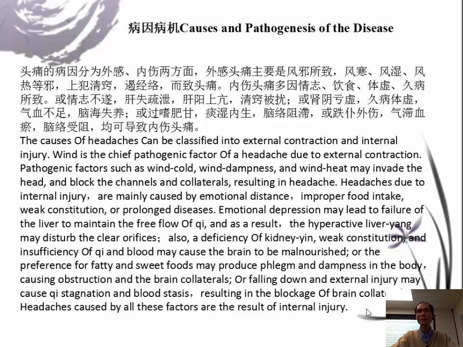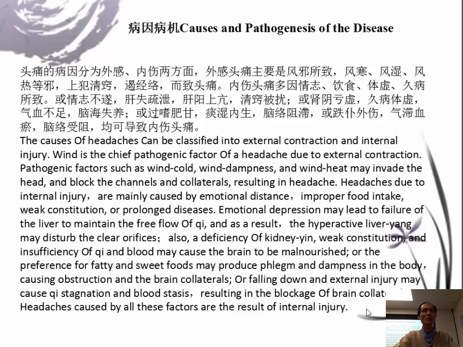So when you're explaining that, you just tell the reason why. The main cause will be qi and blood deficiency. This is very, very common. Basically, any reason will go back to the qi and blood problem. This qi and blood insufficiency cannot nourish our brain or our mind, and then we get this problem.